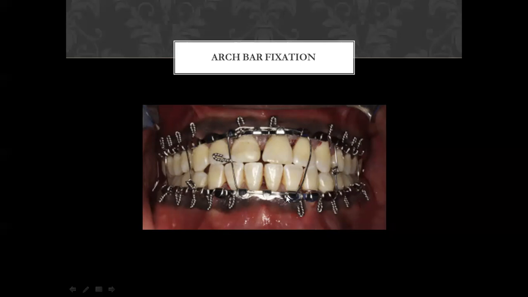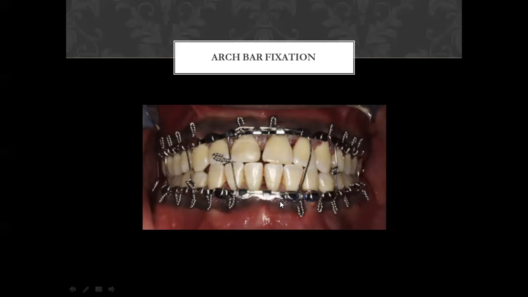But remember, recently we are using the IMF screws and hybrid arch bars. The difference between the arch bar and the IMF screw is that in case of an arch bar, there are chances for damaging the gingiva, because we are going to place a wire across each tooth. If you place a wire across each tooth, there are increased chances for damaging the gingiva in that region.